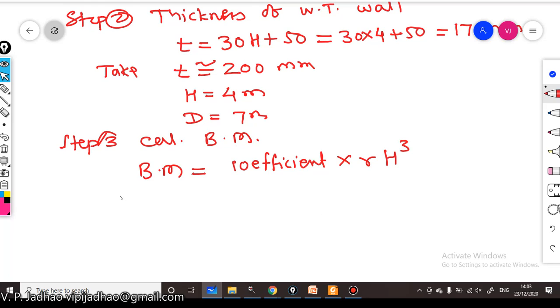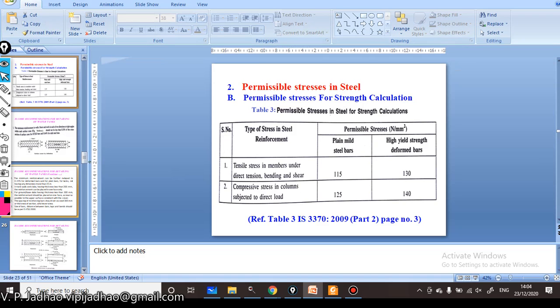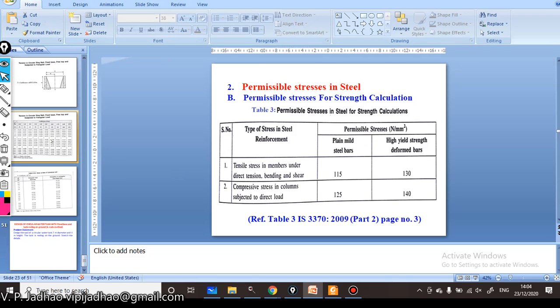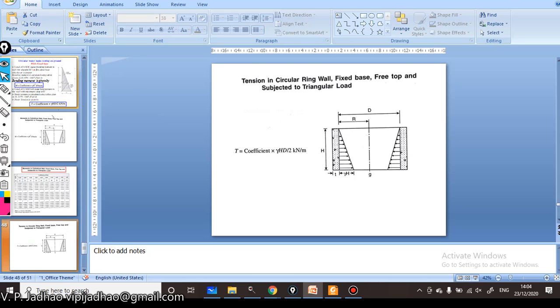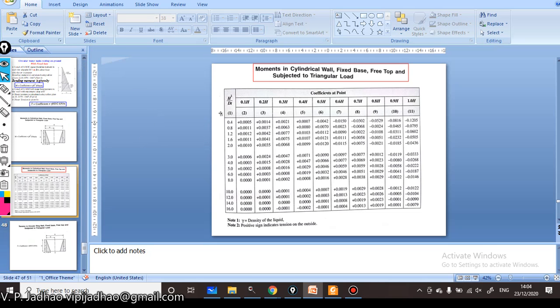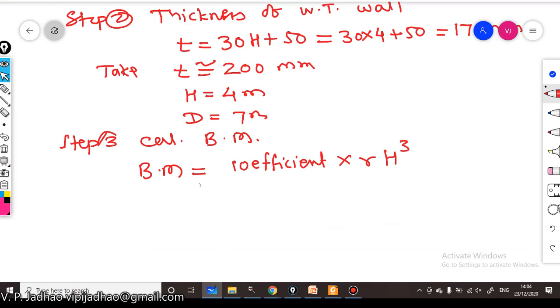For calculating that coefficient, we have to first find out the value of h square upon dt. You can see in this particular table that we have to first find the value of h square upon dt. So h square upon dt is equal to 4 square divided by 7, multiplied by thickness 0.2.